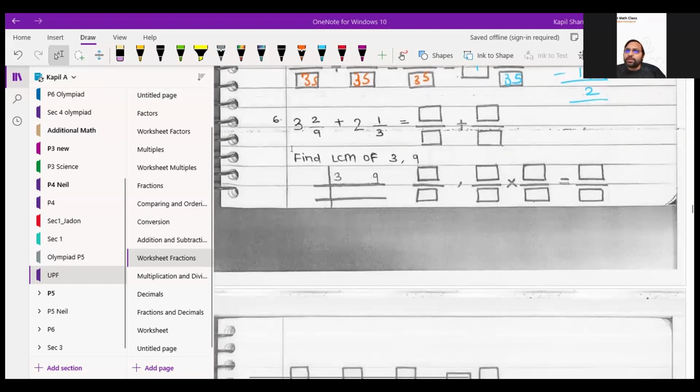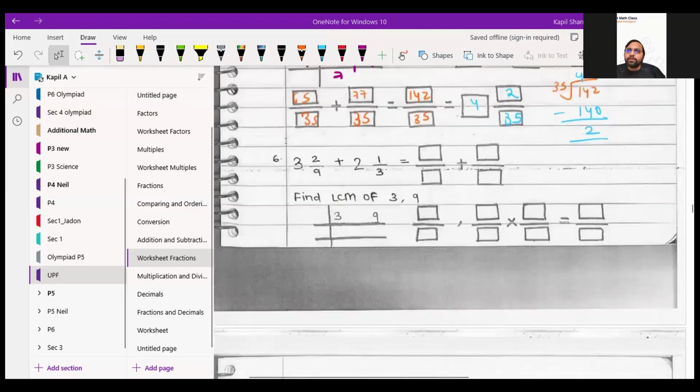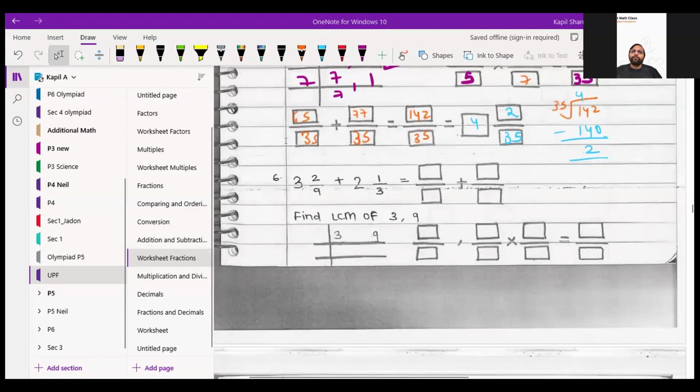Okay, now next question. Try this. 3 and 2 upon 9 plus 2 and 1 upon 3.